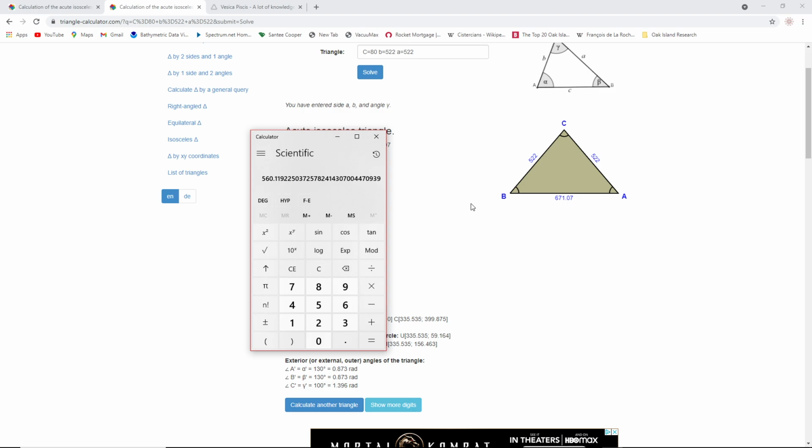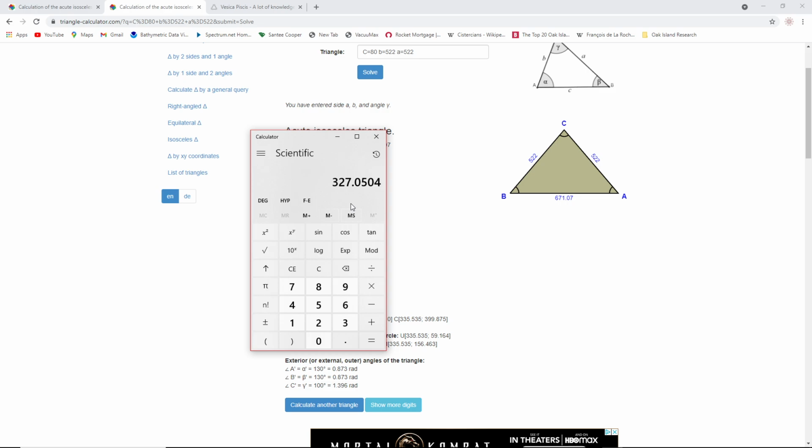So 560. Let's take our unit of measure in millimeters, which is 304.8, and multiply it by 1.073, which equals 327.